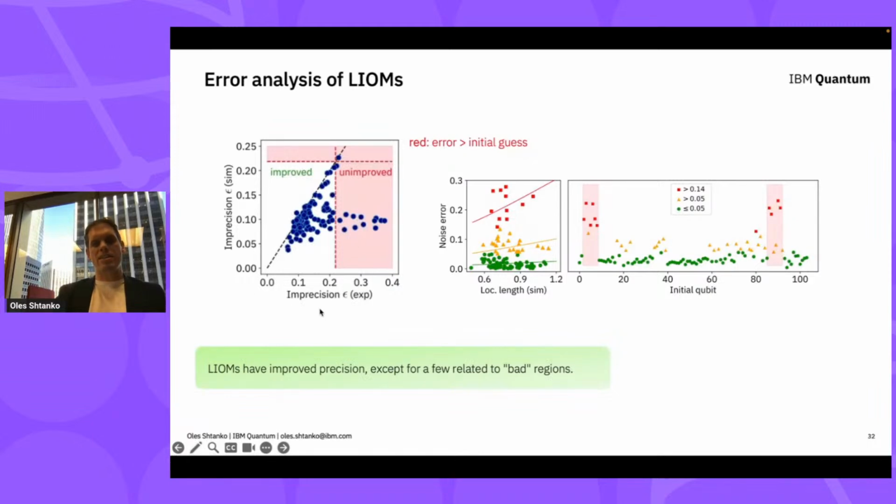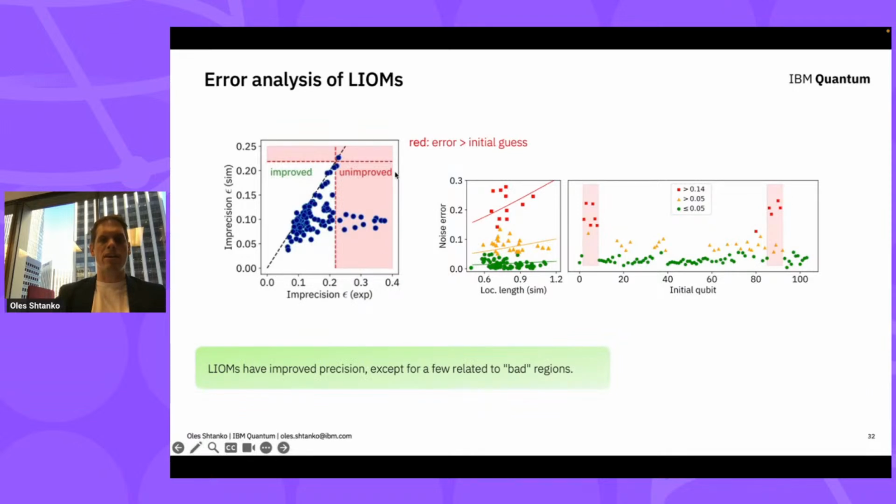What's on the y-axis is what you get from the device, which is method error plus noise error. If your device were noiseless, you should expect everything to align perfectly along the diagonal. But of course, your real experiment has noise, so your integrals of motion are shifted. And you see some of them are even shifted into this red area.